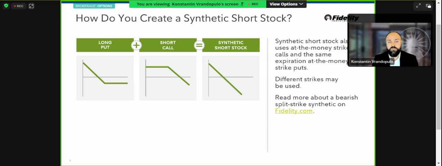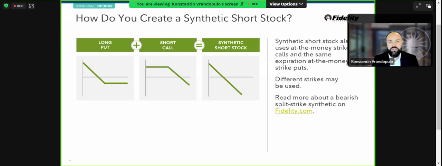So sometimes there are barriers to entry. You cannot find or locate stock to short. In that situation, you might want to consider doing a synthetic short position instead. You might not be comfortable with a synthetic short stock because it could have an add-on requirement, unlimited potential loss, and so forth.